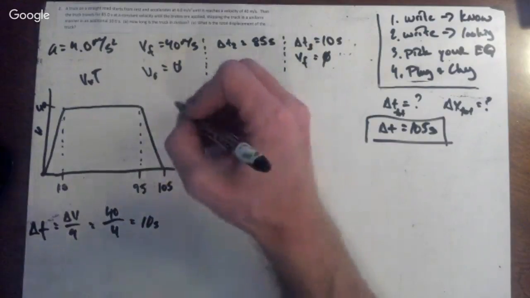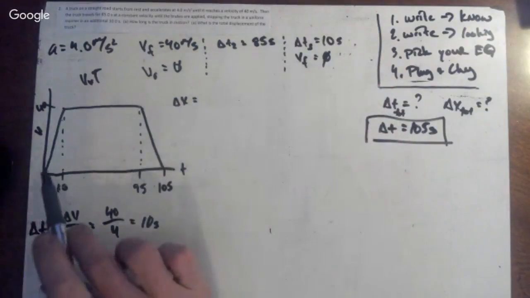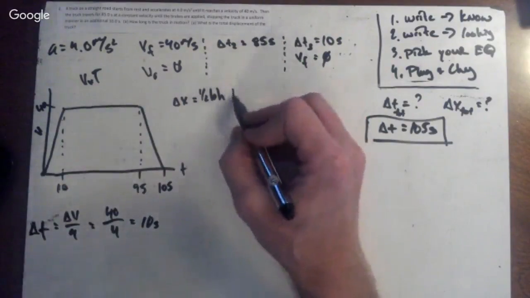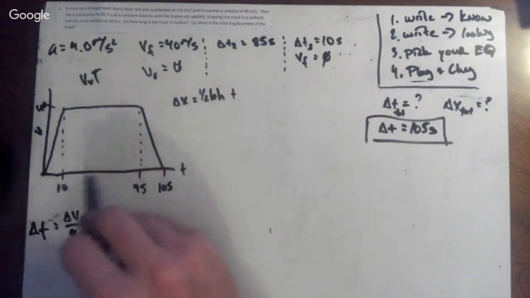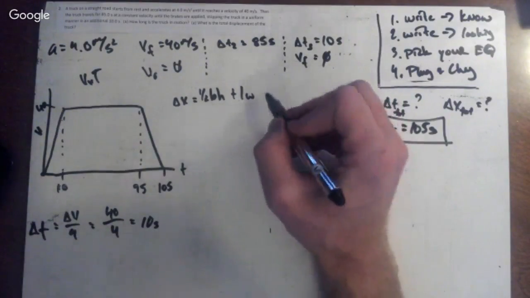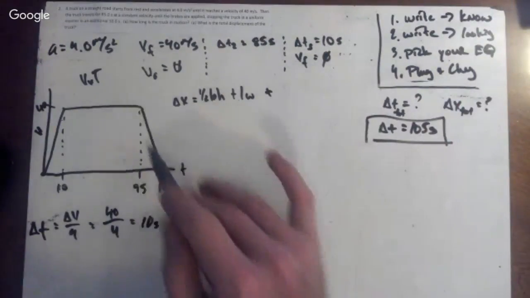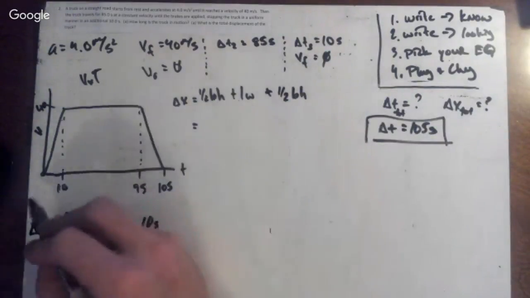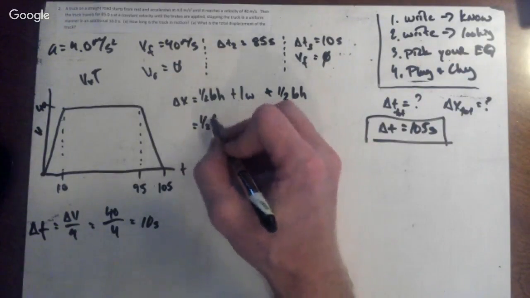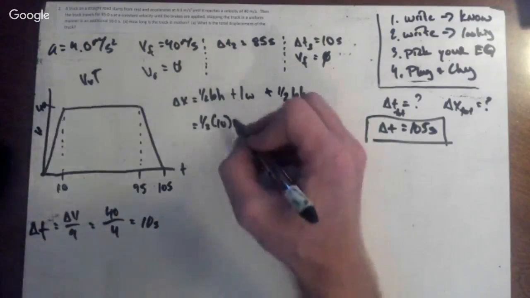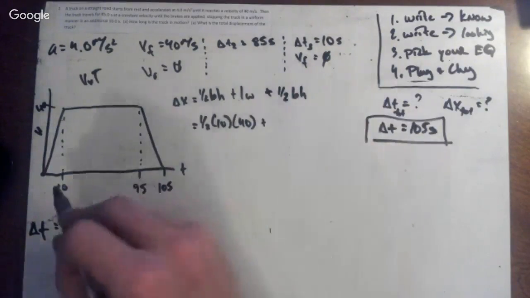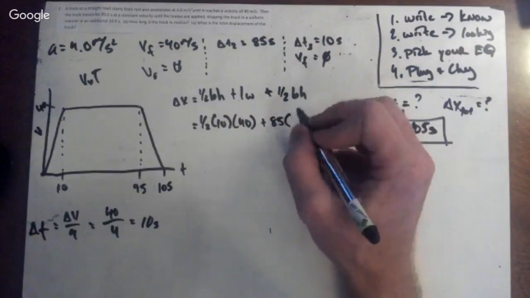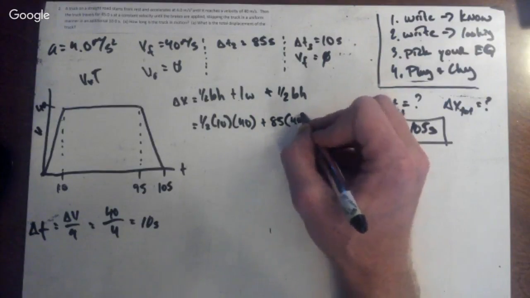So the total x is going to be the area of this triangle, or 1/2 base times height, plus the length and the width of this rectangle, and then the area of this triangle, or another 1/2 base times height. The base of the first triangle is 10, and the height is 40. Plus the length of the rectangle is 85 times the height, which is again 40.